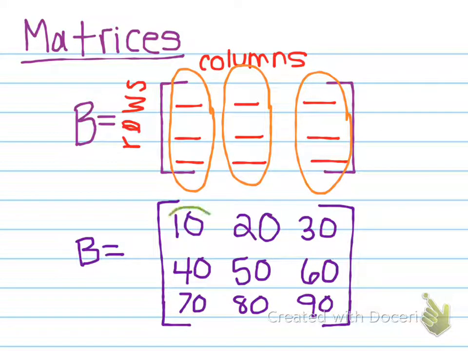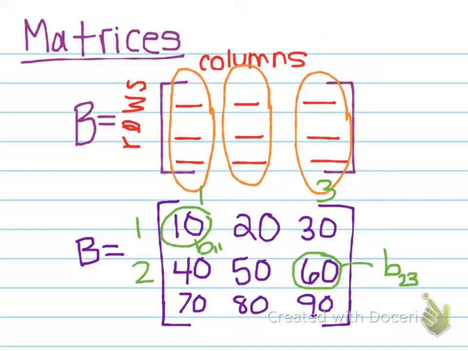So if I asked you for the position of the number 10, this would be row 1, column 1, so we would represent that as position B11. And the 1, 1 is lower, like it's a subscript. So then if I wanted to know the element position of 60, this is row 2, column 3, so this would be B2,3.